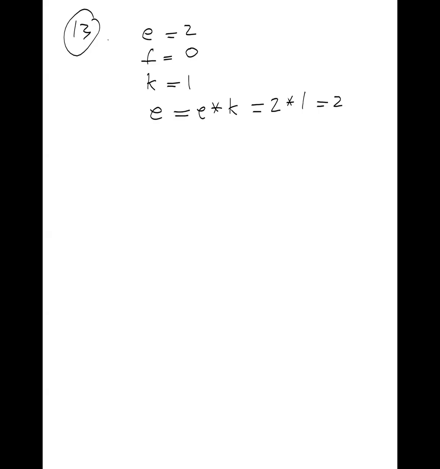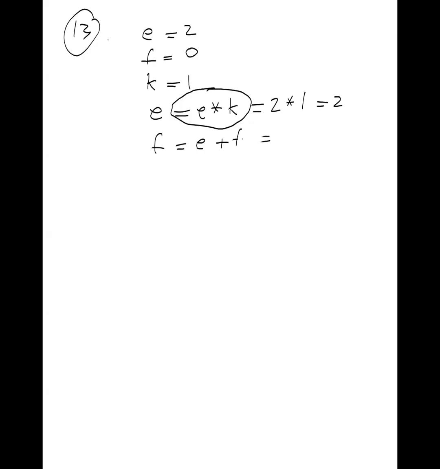Now, by the way, you don't have to write that step if you don't want to, but I think you do need to write that step for me to give you full credit. Because I want to know that you knew what you were doing when you plugged in the numbers. So the next step is F equals E plus F.